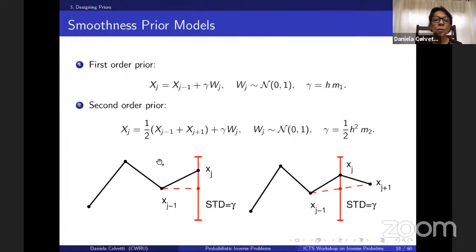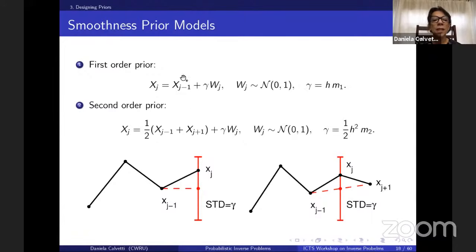Xj is equal to the previous value, xj minus 1, plus a term gamma wj, where wj follows the standard normal distribution with 0 mean, so it's a Gaussian with 0 mean and standard deviation equal to 1. And I'm using my idea about the slope being bounded, with some uncertainty, by m1, by setting gamma equal to h times m1.